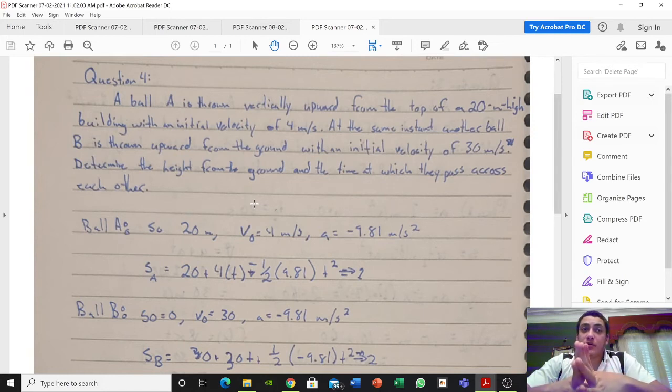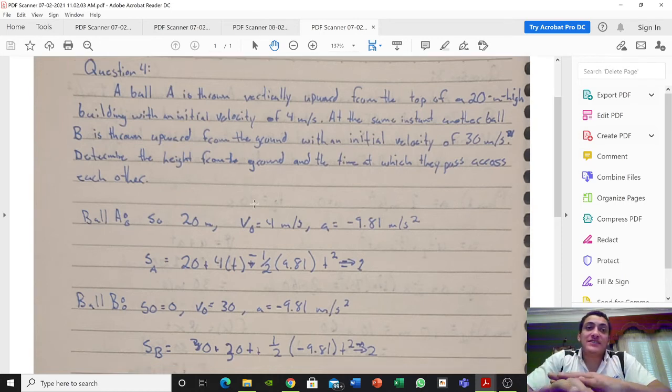As written, we're going to divide it to make it more comprehensible. So let's take ball A. It's thrown vertically upward from 20 meters. The initial velocity is 4 meters per second, and the acceleration as gravity is pulling it down is negative 9.81 meters per second squared.